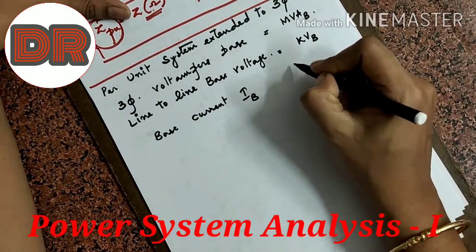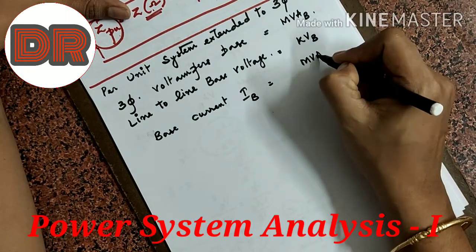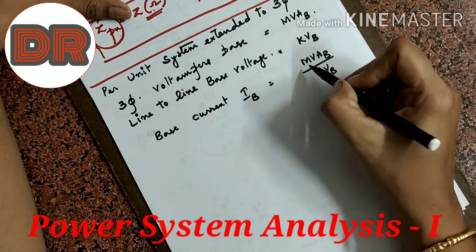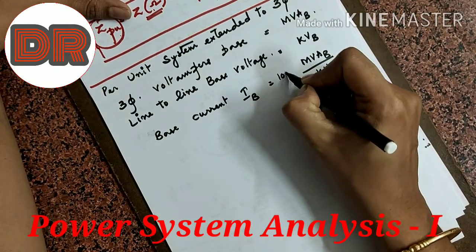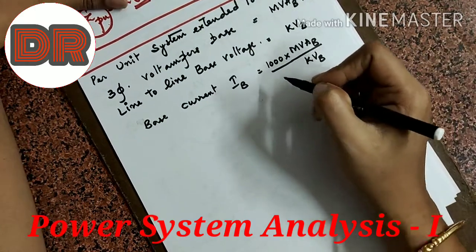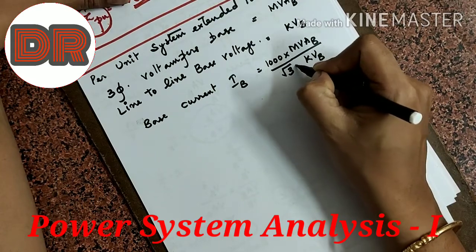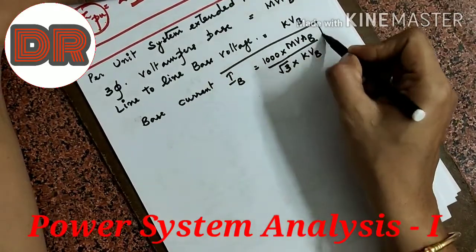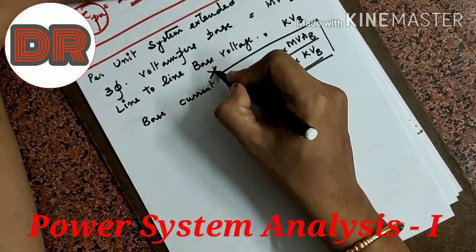The actual equation: we calculate apparent power, that is MVA base, divided by voltage kV base, but this is in mega, this is in kilo. To compensate this, we have to multiply 1000 over here, and since it is a three phase circuit, and I am assuming the system to be a star connected system, I have to compensate that also. So it is √3 kV base. So IB, this is very important, will be normally used for the calculation.